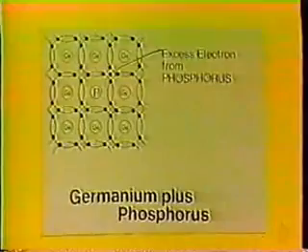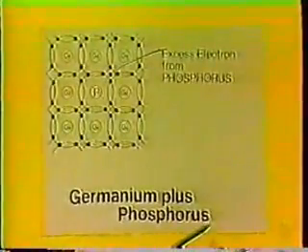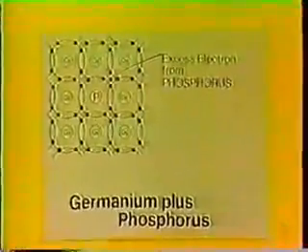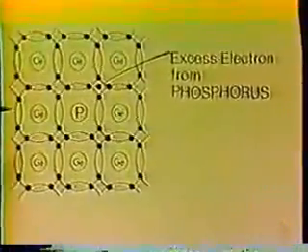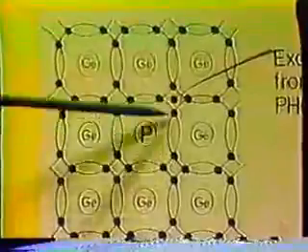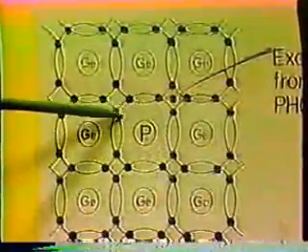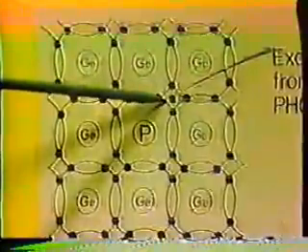However, the material can be made to conduct if a small amount of a certain kind of impurity is added. If we have a pure germanium crystal and add a small amount of phosphorus, the material will conduct. It conducts because phosphorus has 5 electrons in its outer shell. So the phosphorus atom will share 4 electrons with the germanium atom, and 1 electron will remain as a free electron.